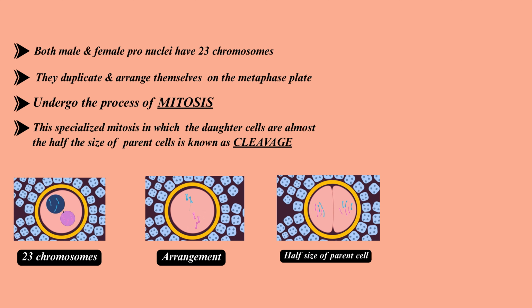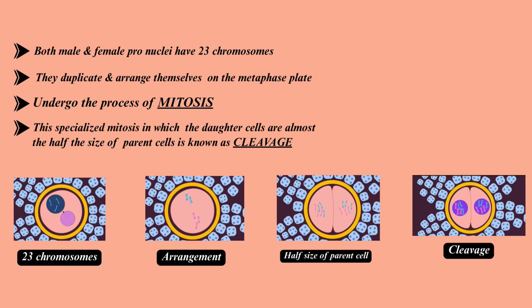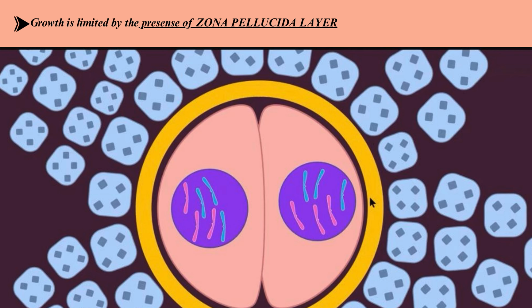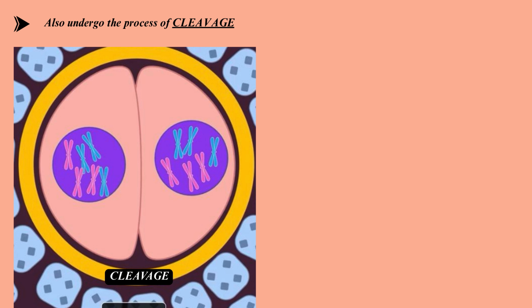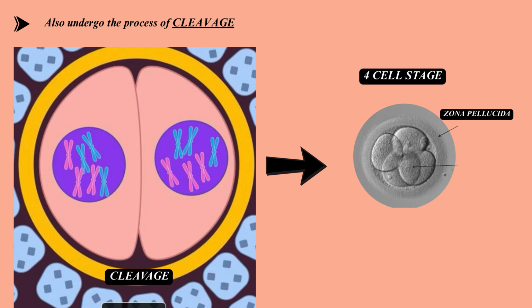And this specialized mitosis, in which the daughter cells are almost half the size of the parent cells, is called cleavage. Their growth is limited by the presence of zona pellucida layer, and then these cells also undergo the process of cleavage and a 4-cell stage is formed.